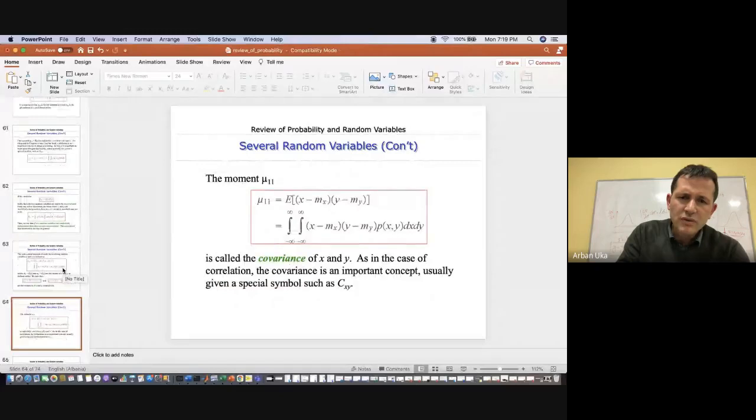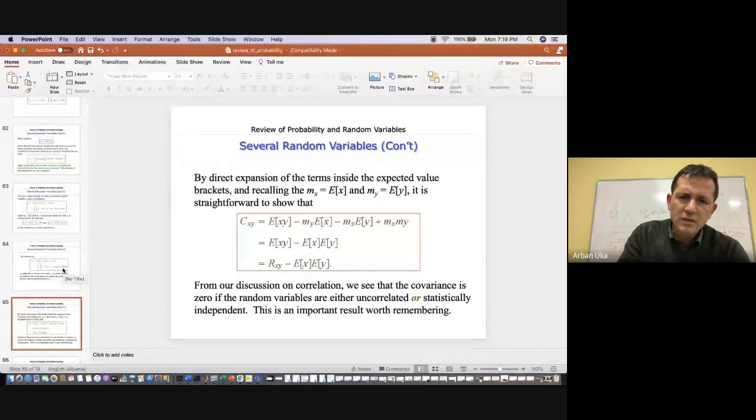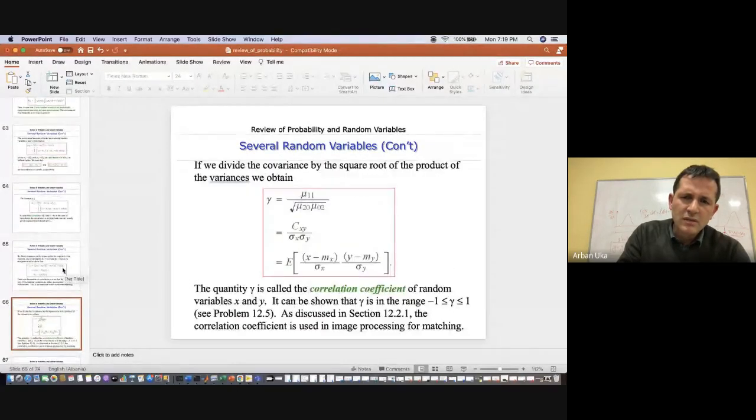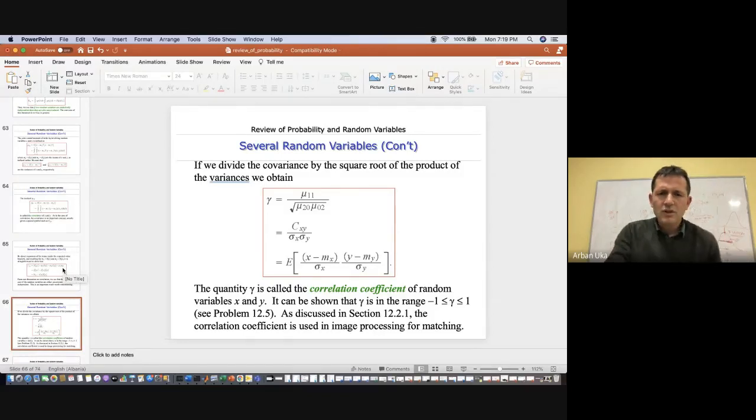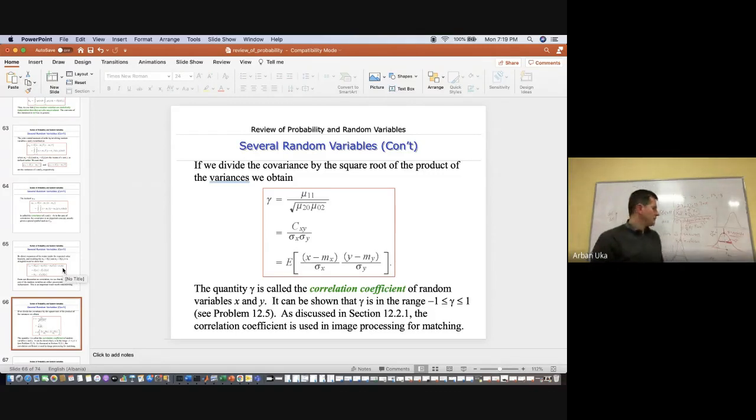But now imagine for a moment we have discrete data points and the variance. Let me see what we have here. So we are trying to determine the correlation coefficient.